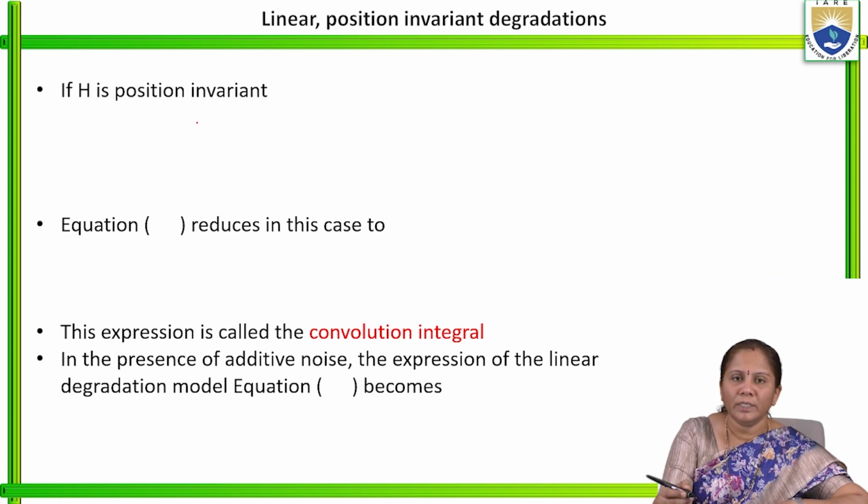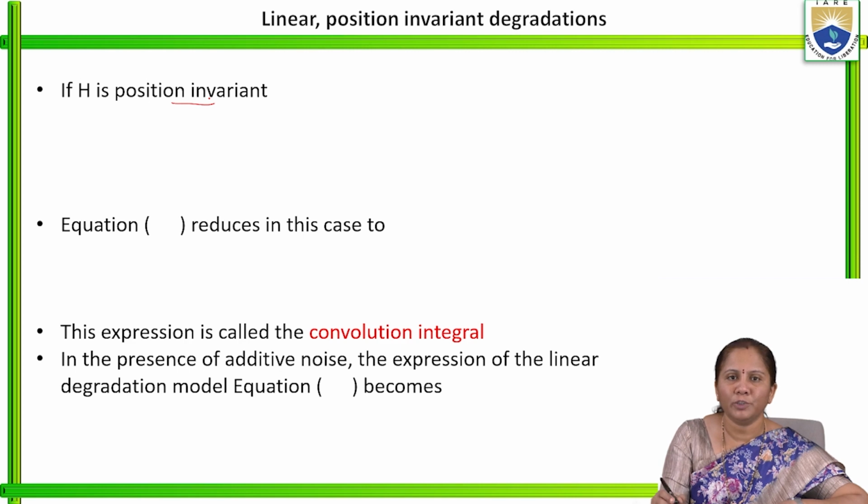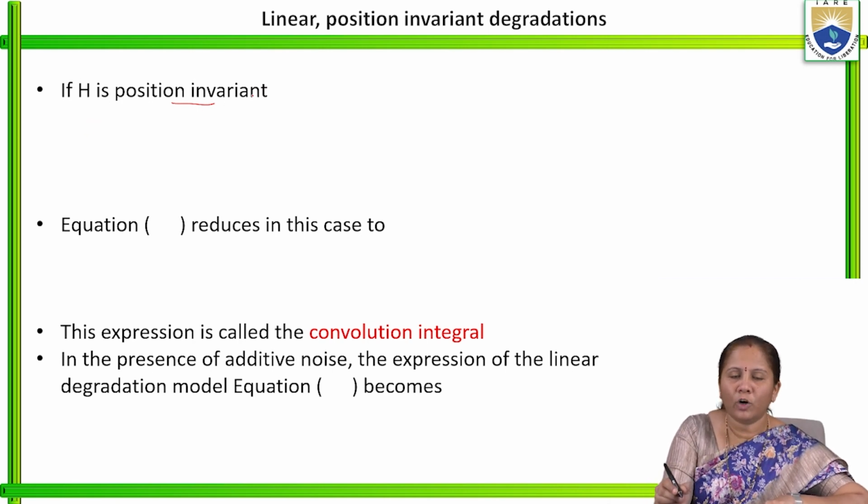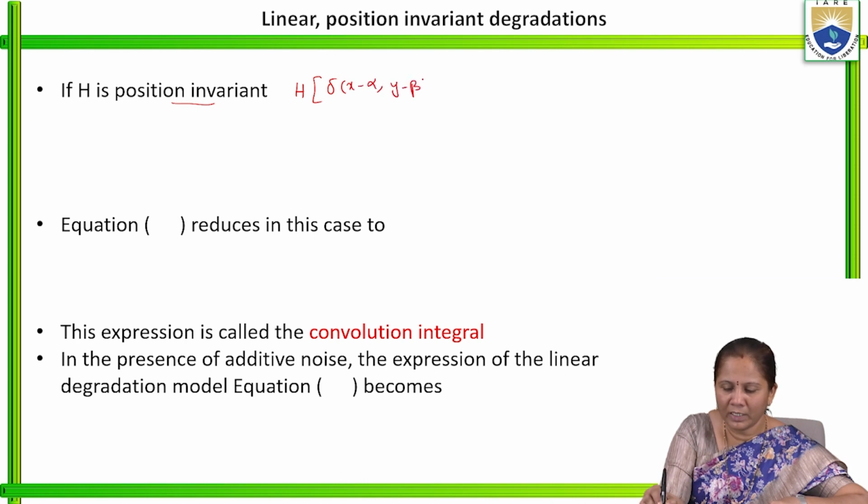Next, in the previous equation, if we consider h is position invariant, then how does g of x comma y look? In order to represent h as position invariant, how do we write the equation? h of del x minus alpha comma y minus beta is equal to h of x minus alpha comma y minus beta.